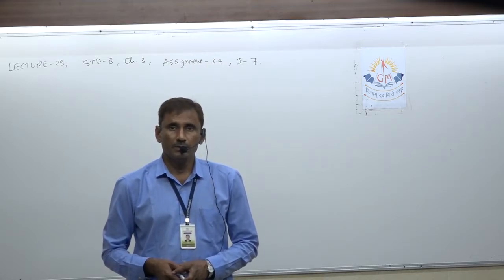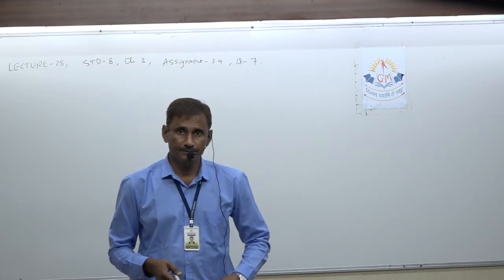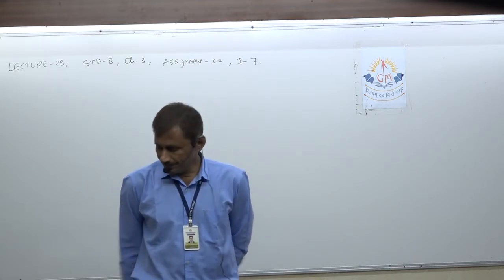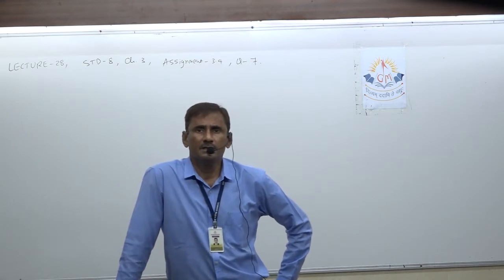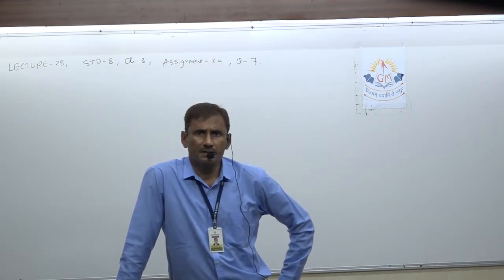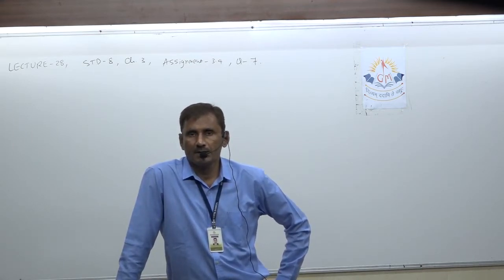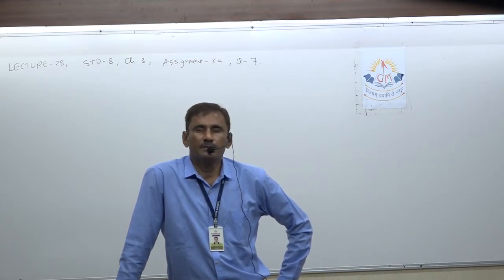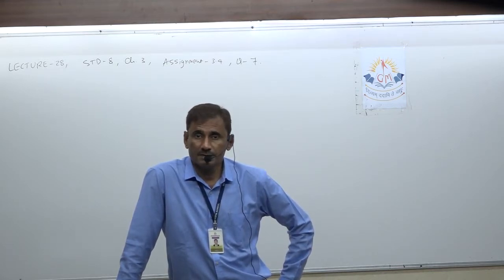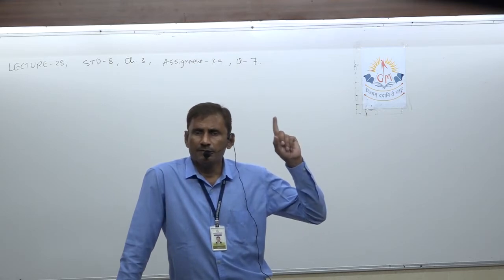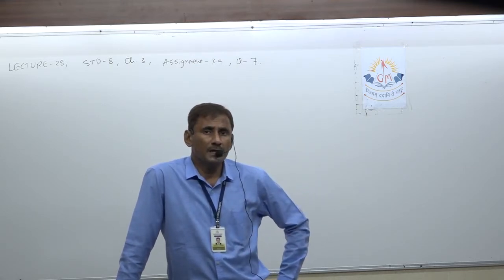And you know the identity of (x plus y) whole cube. It is x cube plus 3x square y plus 3xy square plus y cube. So that way you can prepare 4 columns here. In squares we used to form only 3 columns, here 4.